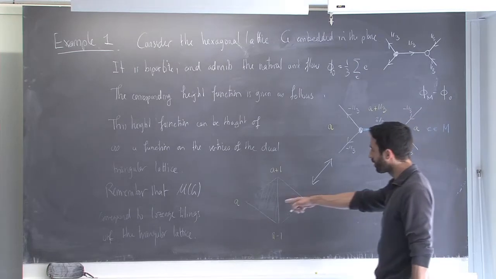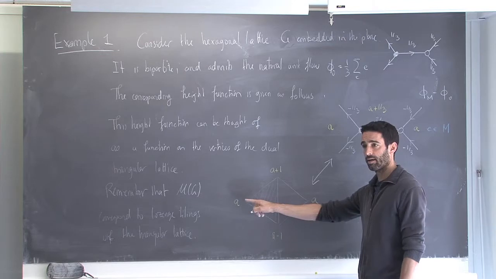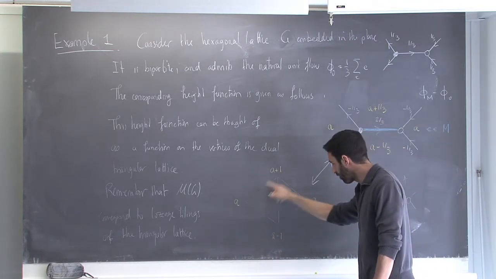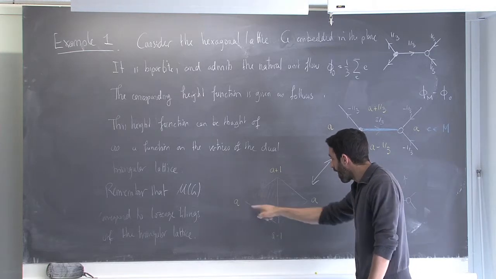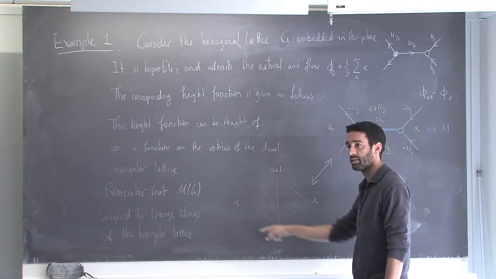So now you have a rule that tells you each time you have a lozenge in your tiling, with the white part here and the black part here, then the rule you have to follow is this one.